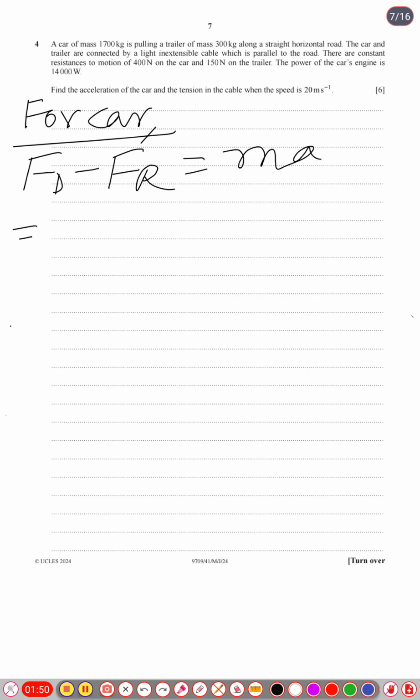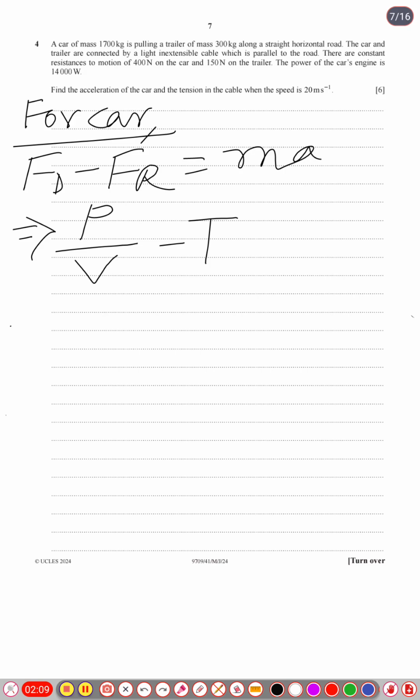Let's see what are the driving forces of the car. The driving force of the car is equal to power over velocity minus tension in the cable, because the car is pulling the trailer forward.